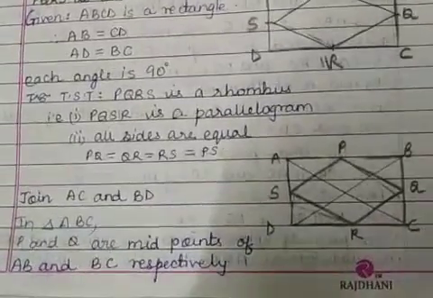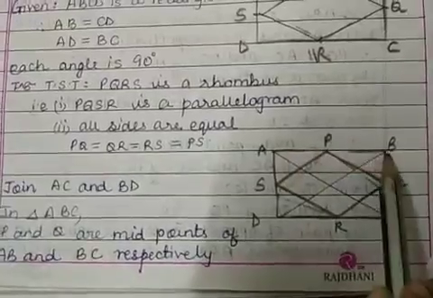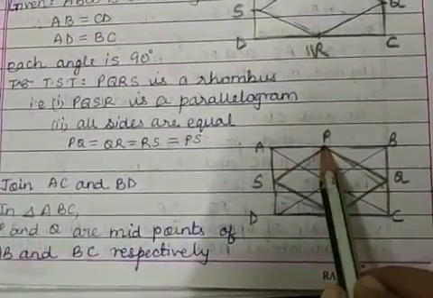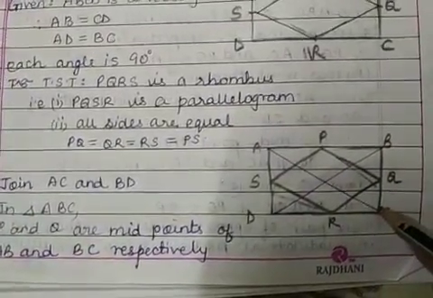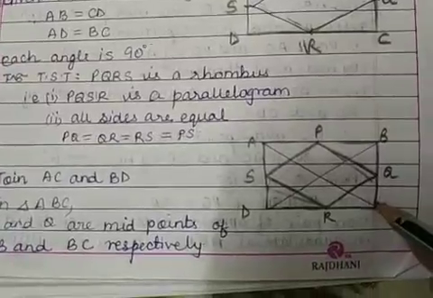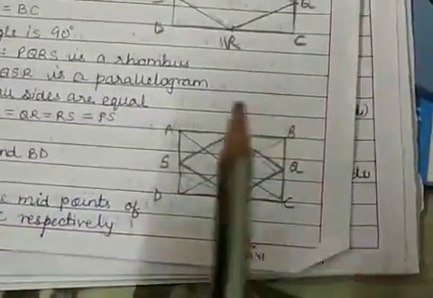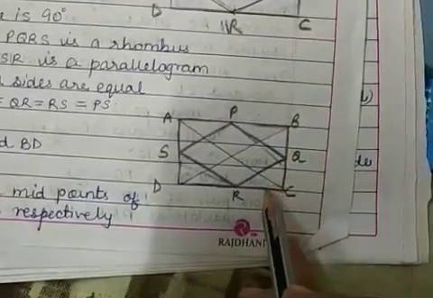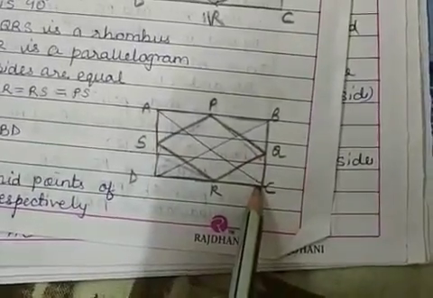Okay. So first let us take the triangle ABC. So now in triangle ABC, if you see here, P is the midpoint of the side AB and Q is the midpoint of the side BC. Okay. So now you know that by midpoint theorem, if you join these two midpoints of these sides AB and BC, then this line segment PQ is parallel to AC and PQ is half of AC, right?